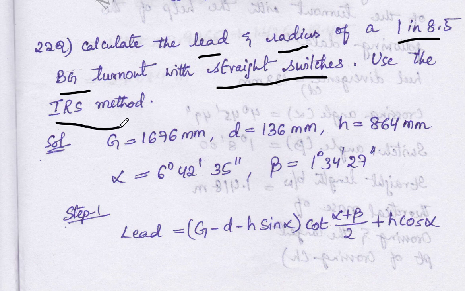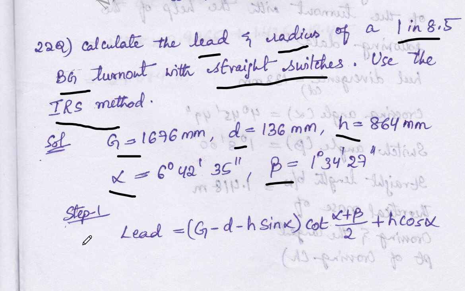Earlier method is Cole's method. Now we are using the IRS method, and the given data is as per the previous problem: gauge, diameter, depth, angle of crossing, alpha.